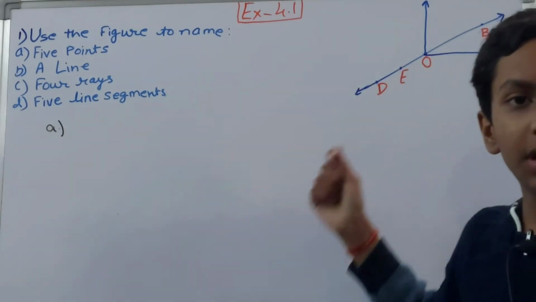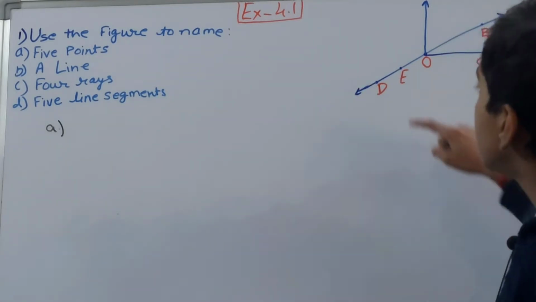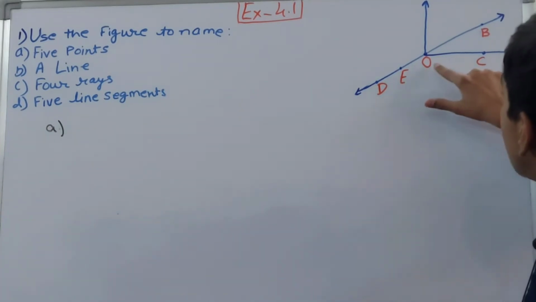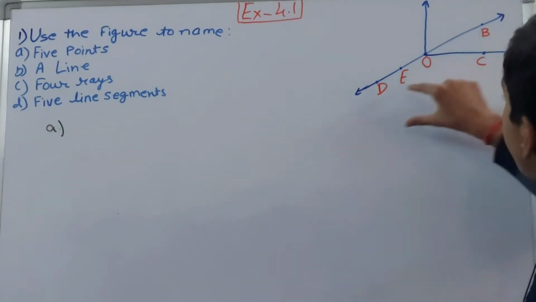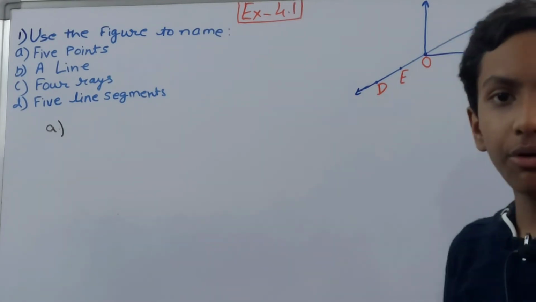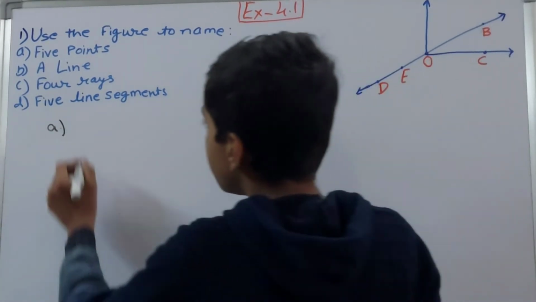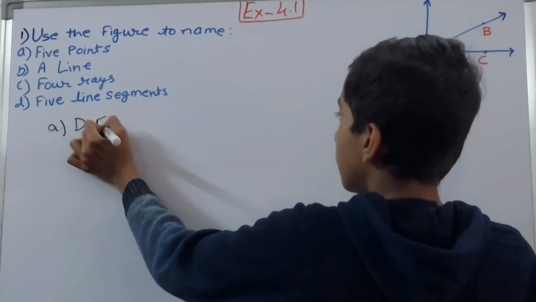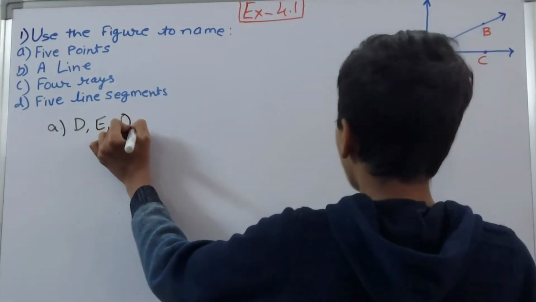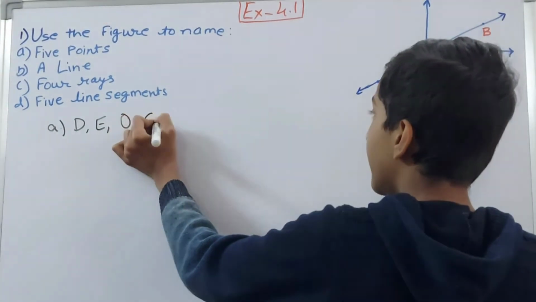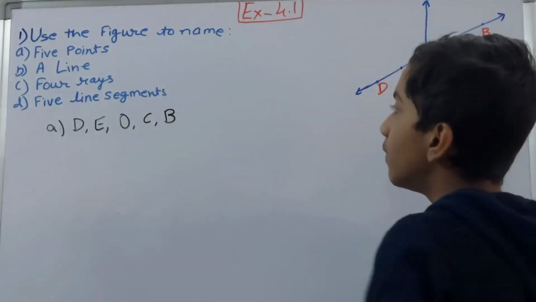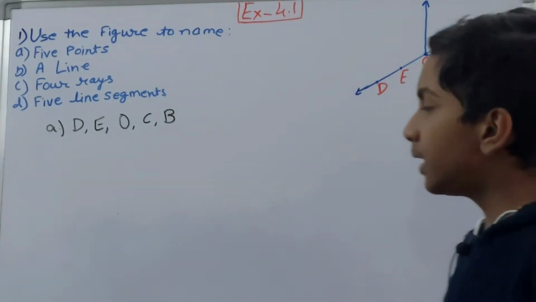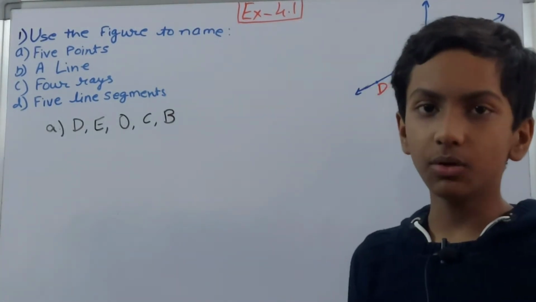So you can take the point D, the point E, O, and all these 5 letters to denote them. You can write them with commas: D, E, O, C and B. So we have written our 5 points, that are D, E, O, C and B.